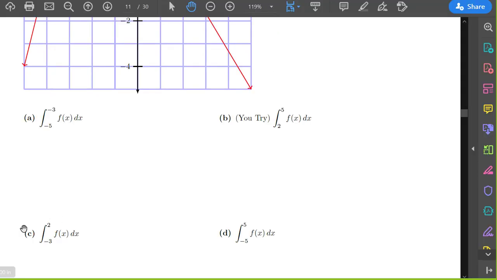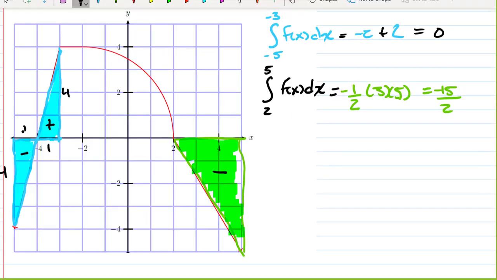All right, so the next one is we want to find the integral from -3 to 2 of f of x dx. So continuing along the same thing, we want to go from -3 to +2 of f of x dx. Well, that's going to be this part right here.